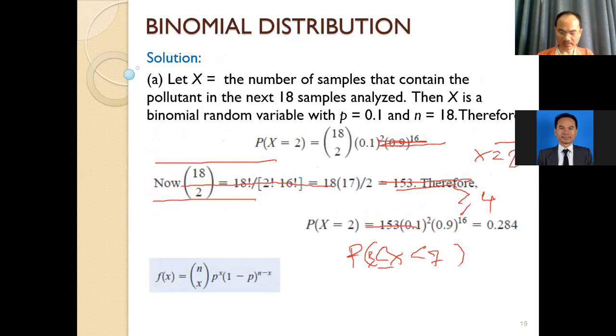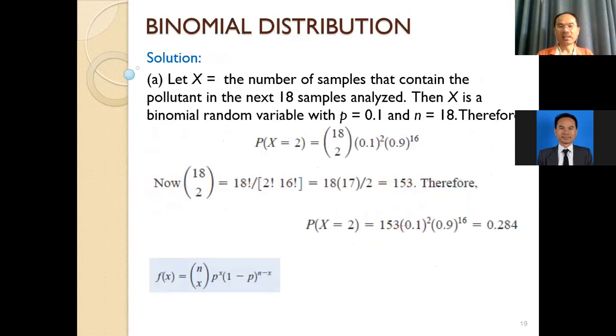For the first one, we calculate the probability at x equal to 2. Here x means the number of samples that contain the pollutant. This is the formula for the binomial distribution.